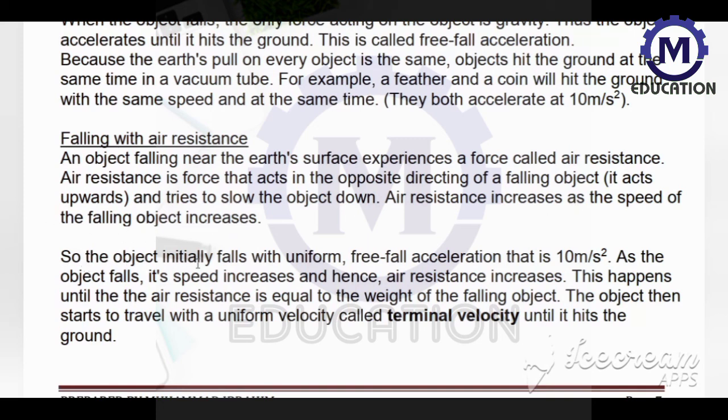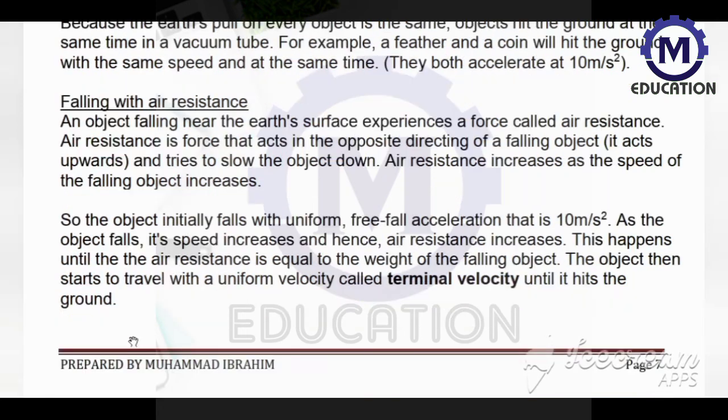So the object initially falls with uniform free fall acceleration, that is 10 meters per second squared. As the object falls, its speed increases, hence air resistance increases. This happens until the air resistance is equal to the weight of the falling object. The object then starts to travel with uniform velocity, meaning no acceleration. This uniform velocity is called terminal velocity until it hits the ground.